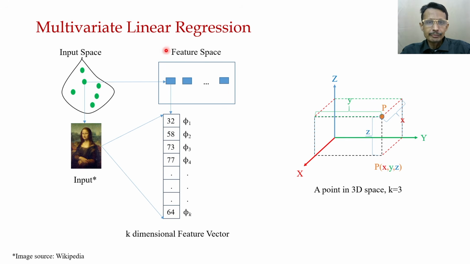Rather, features are extracted from this image. Generally, this feature space may be single dimensional or multi-dimensional. Here this feature space is k-dimensional, so the features are phi 1, phi 2, phi 3 up to phi k. These may be real values, anything.